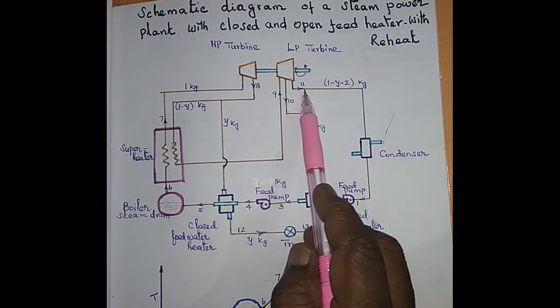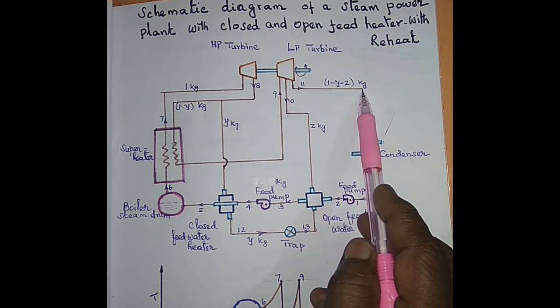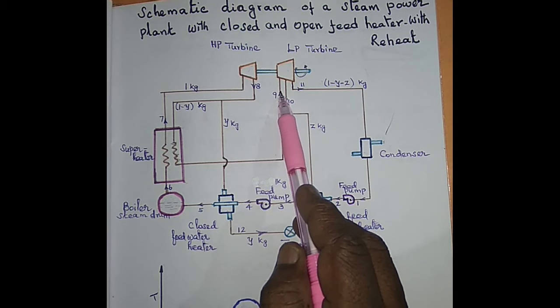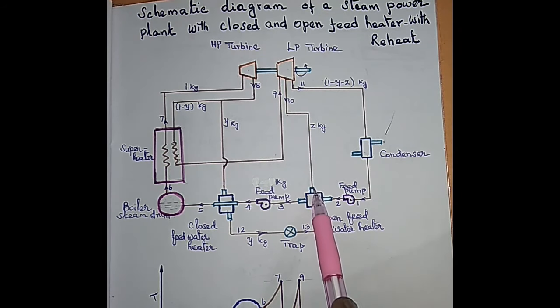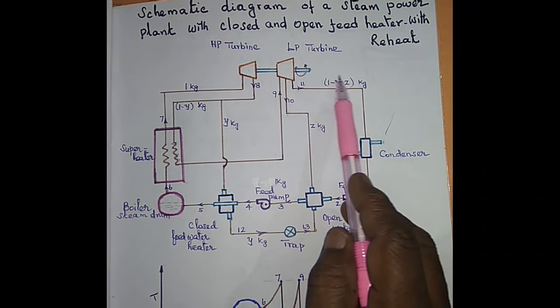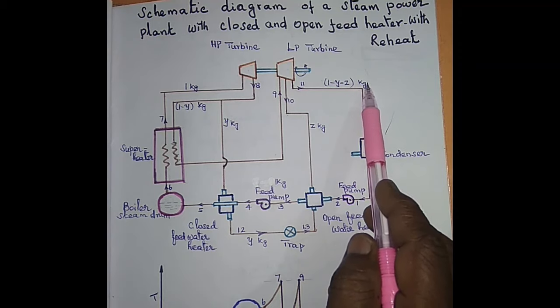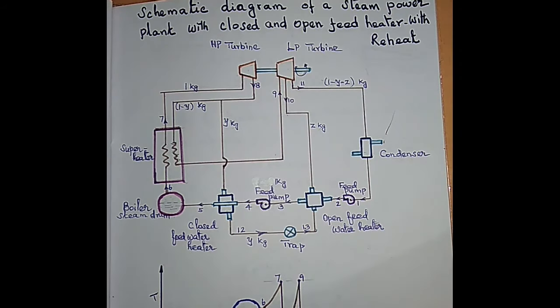After the final expansion in the LP turbine, low pressure turbine, how much steam will come out? Already 1 minus Y is entering, Z kilogram is extracted, so the leftover will be 1 minus Y minus Z kilogram. That is the exhaust steam which is coming out of the LP turbine.